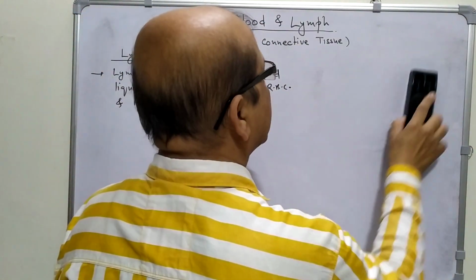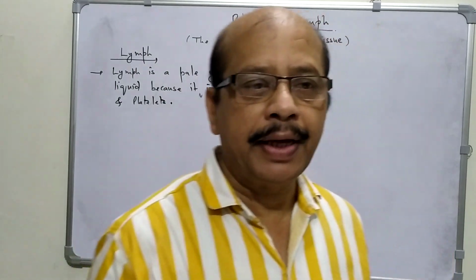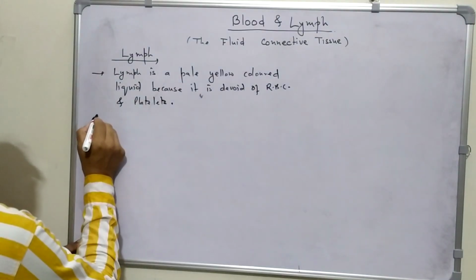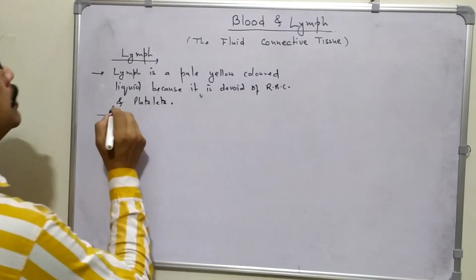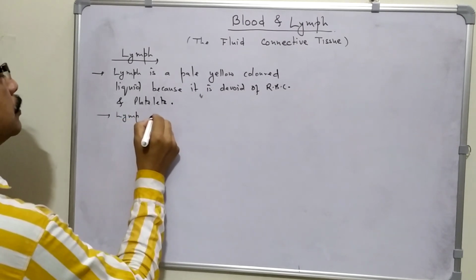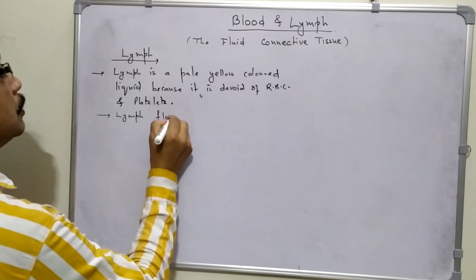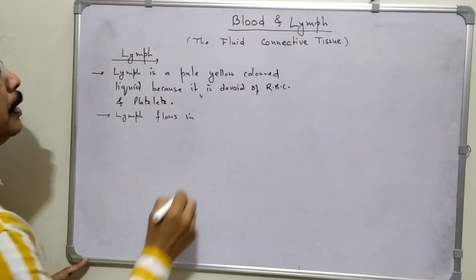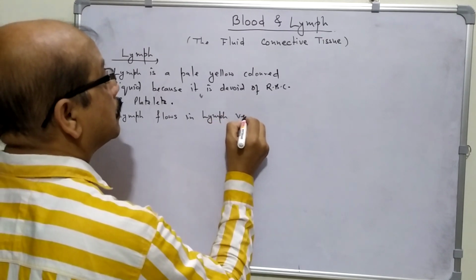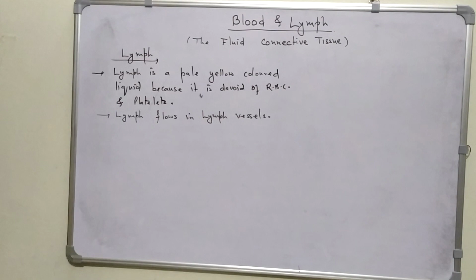As the RBC is not present in this liquid, the color of this liquid is pale yellow and not red. How is it formed? Lymph flows in lymph vessels.